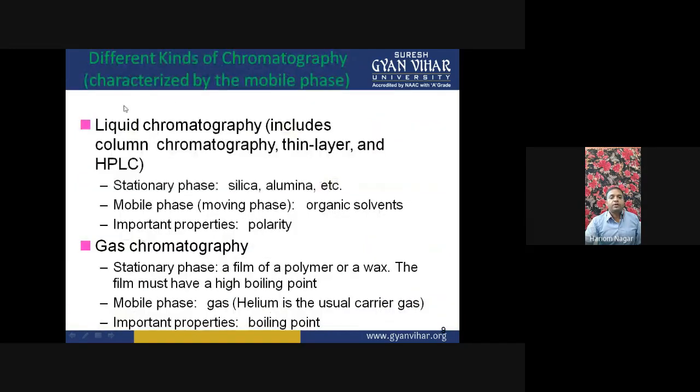Now, different kinds of chromatography are characterized by the mobile phases. The liquid chromatography methods include column chromatography, thin layer chromatography, and HPLC. HPLC means high performance liquid chromatography.